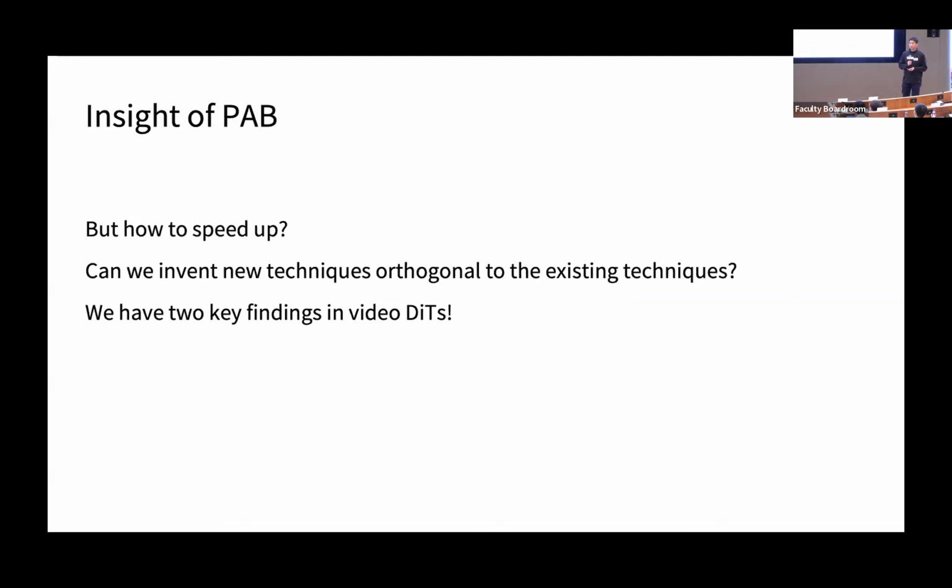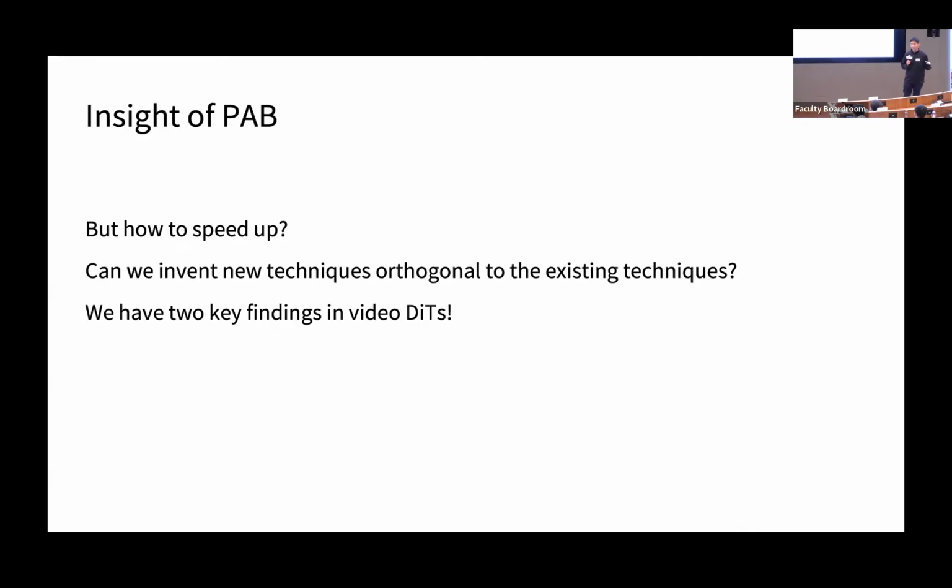So we know we already have many tricks, right? Like we can use pruning to make the model smaller. There are many tricks, I mean, the sparsity tricks to make the model sparse to make the model faster, right?